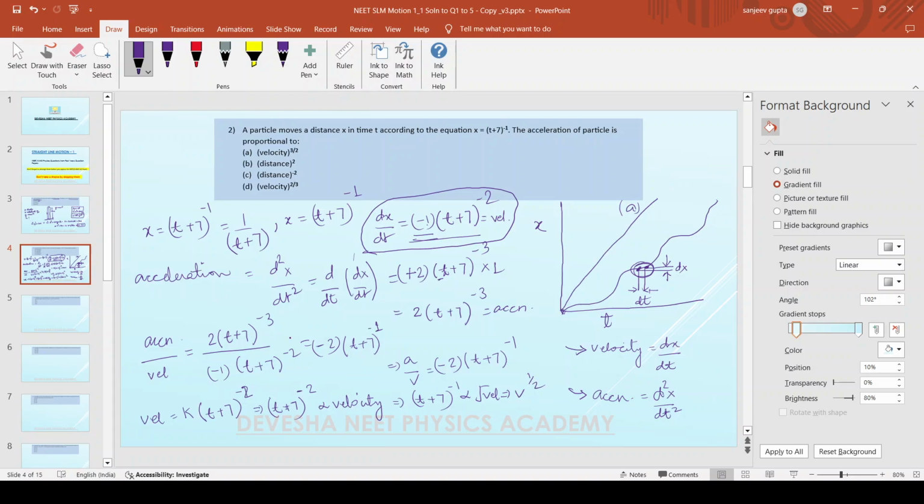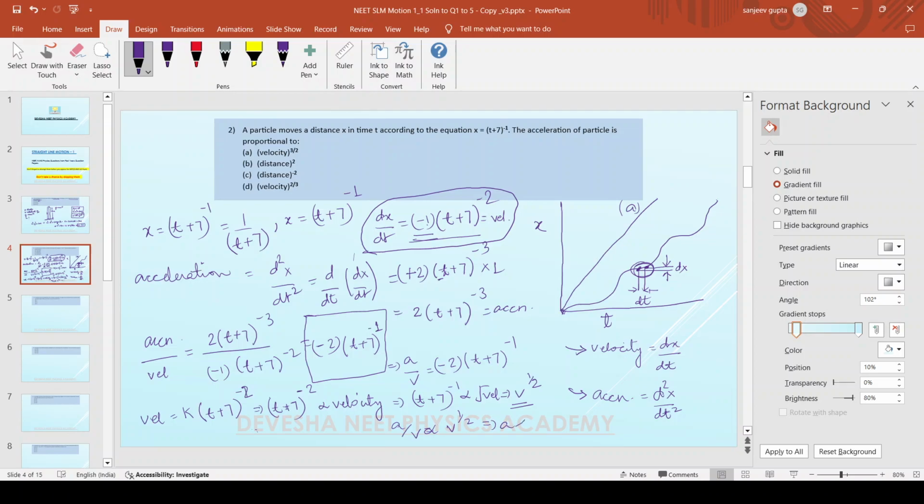Now coming back to this one, acceleration by velocity is proportional to velocity half.